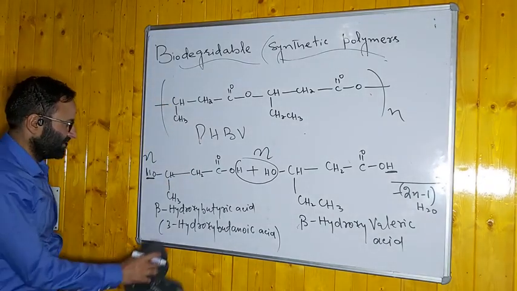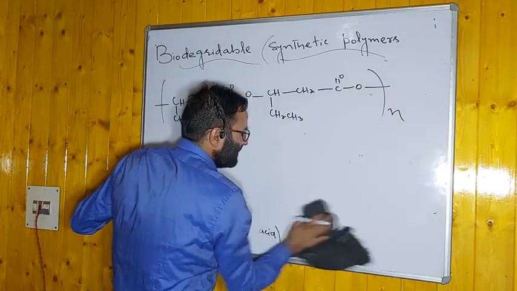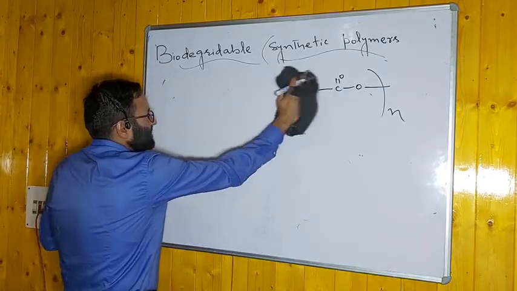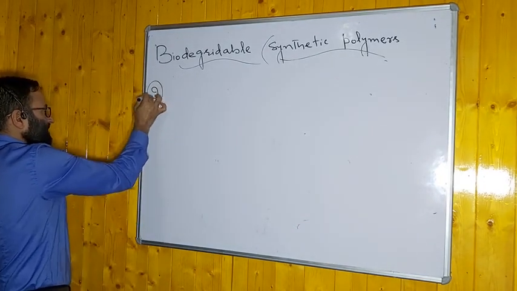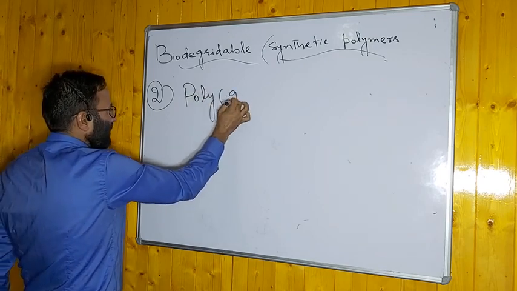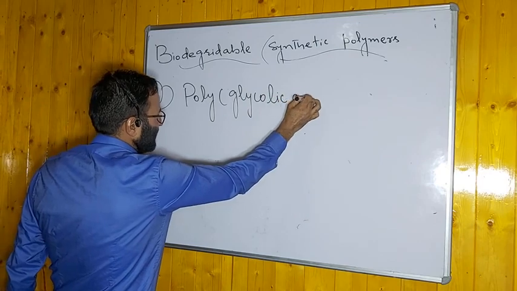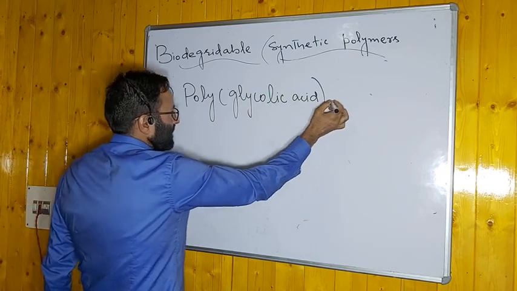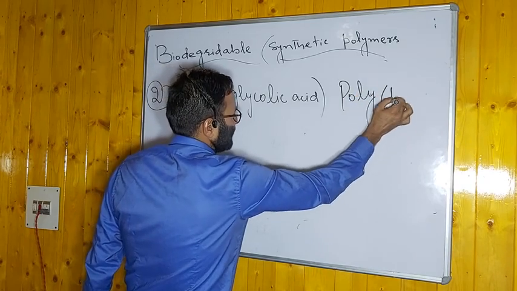Come to this point. Now we have the second biodegradable synthetic polymer, that is, the second is polyglycolic acid. It means that one monomeric unit will be glycolic acid, polylactic acid.